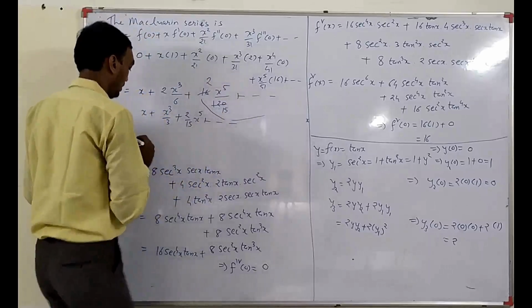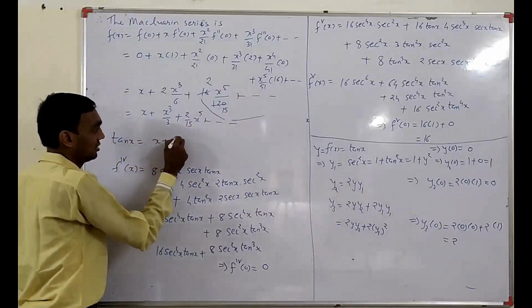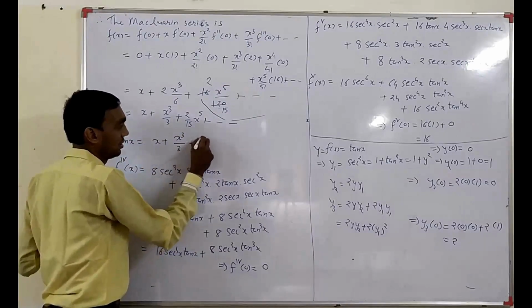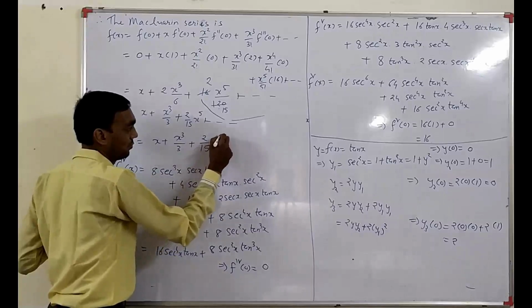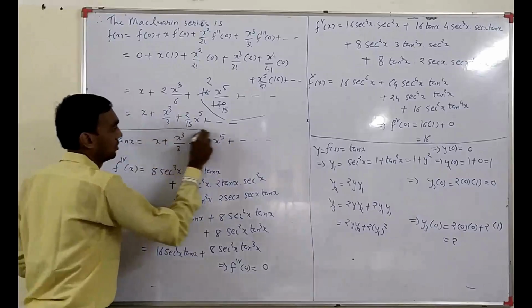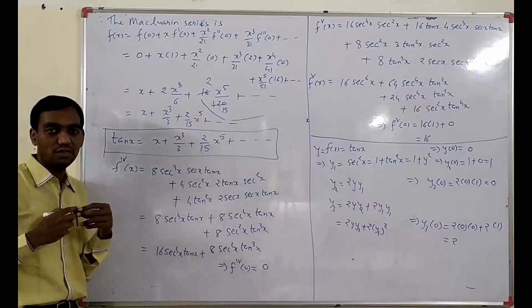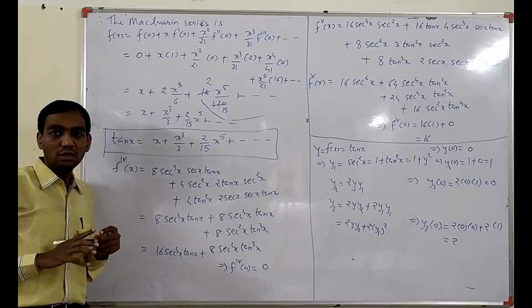So 2 by 15, and therefore your series of tan x will be x plus x cubed by 3 plus 2 by 15 x raised to 5 and so on. So this is the simple derivative method which we have used.